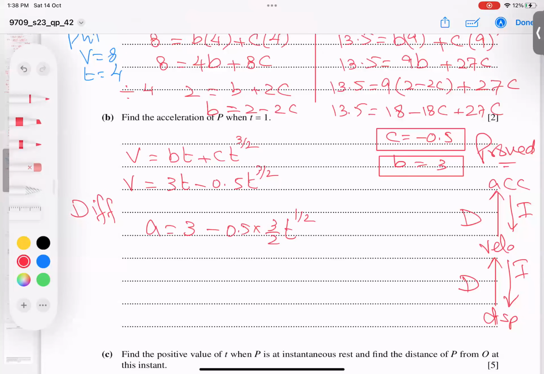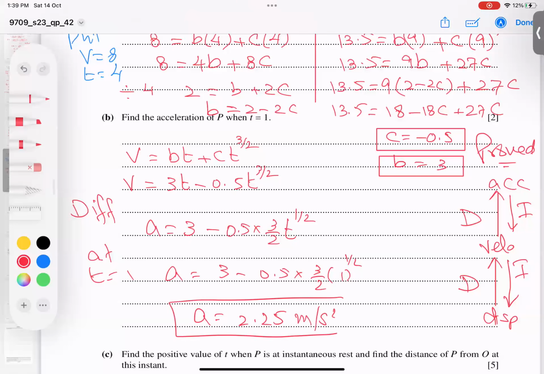And I need to find out at time equals 1. So I will put the values and get the answer. So 0.5 into 3 by 2 times 1 to power half. And ultimately the answer I'm getting here, it is coming 2.25 meters per second squared acceleration.